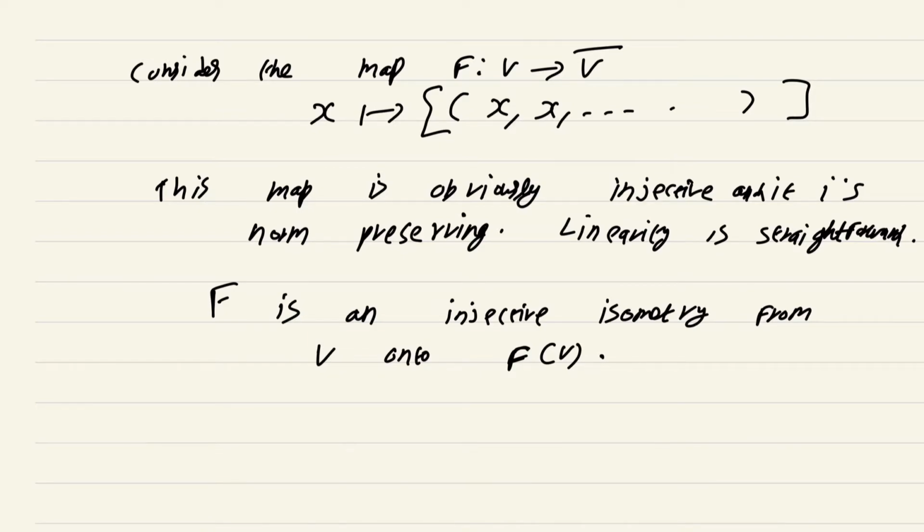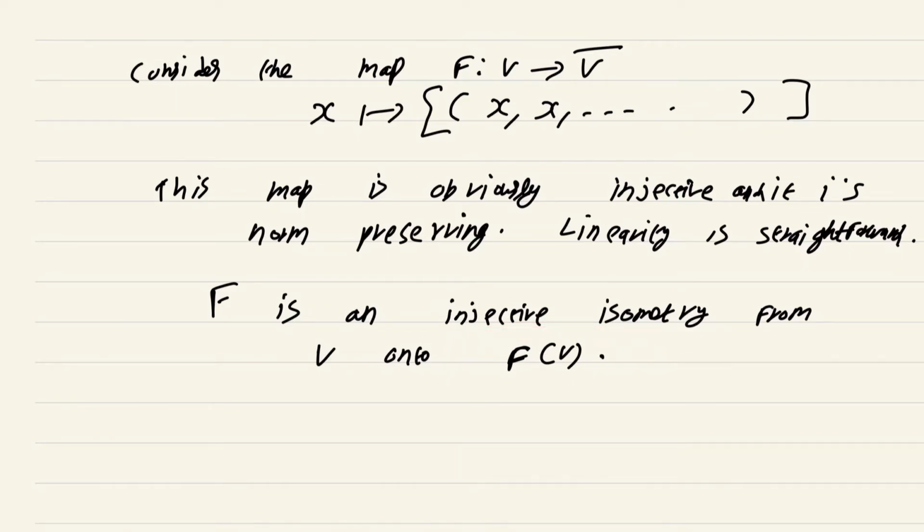Essentially we have extended the space V to this larger space V bar, or V closure, or whatever you want to call it, and V is sitting in there exactly as a copy, in a different disguise, as F of V.